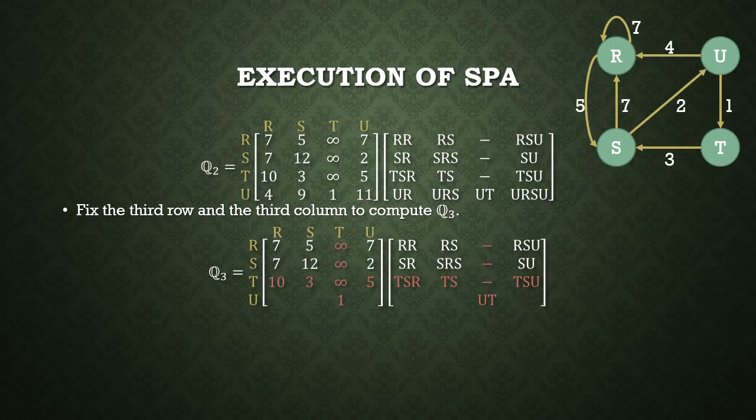Intersection values are 3 and infinity, which will give infinity. So 12 is better and I keep it. Come to the entry SU. The previous value is 2. Intersection values are 5 and infinity, which will give infinity. So I keep 2.